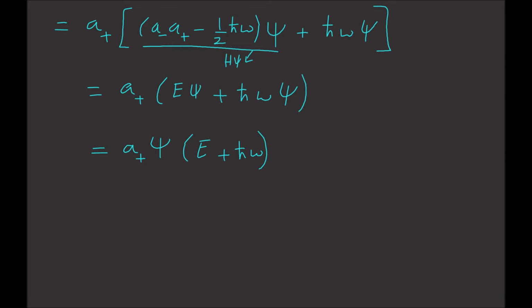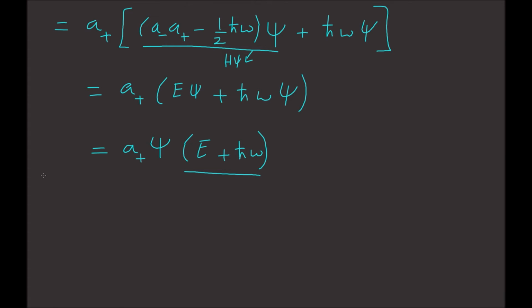So we claim that if psi satisfies the Schrödinger equation with energy E, then A plus psi satisfies the Schrödinger equation with energy E plus h bar omega. Cool, so now same thing goes.